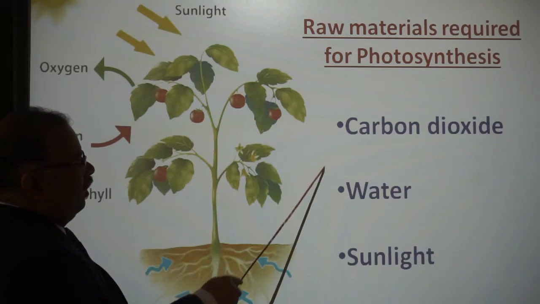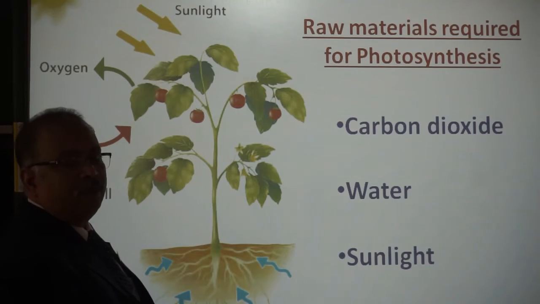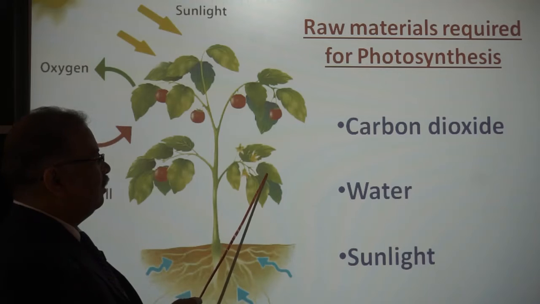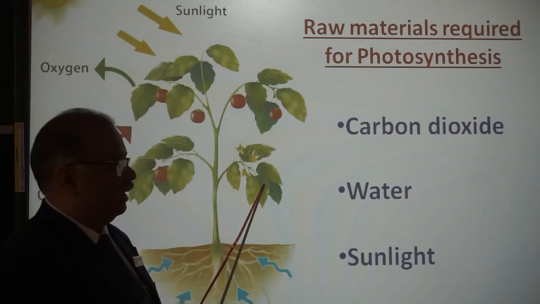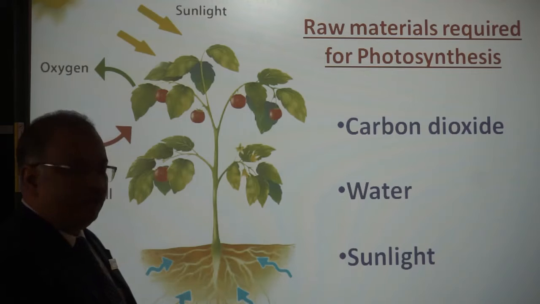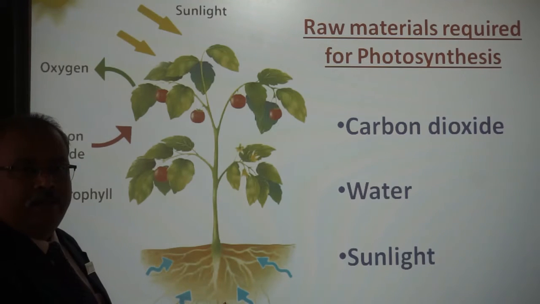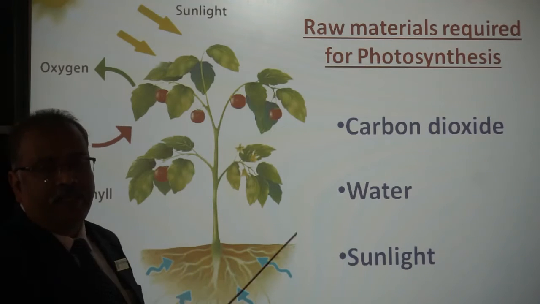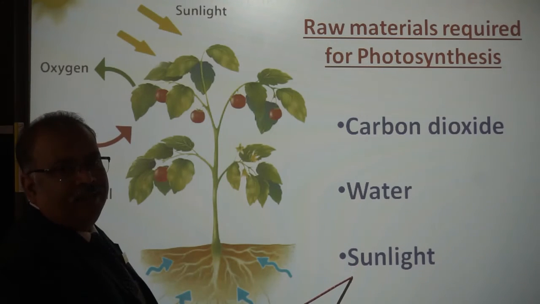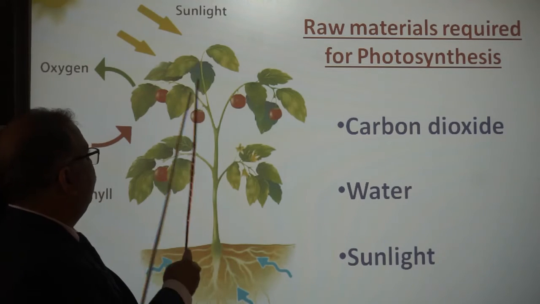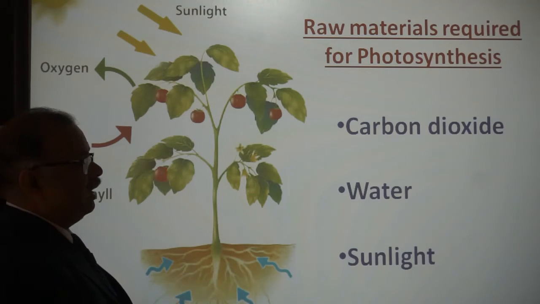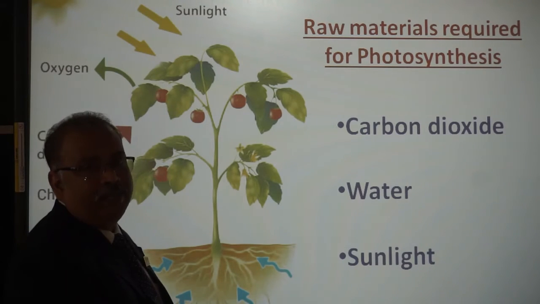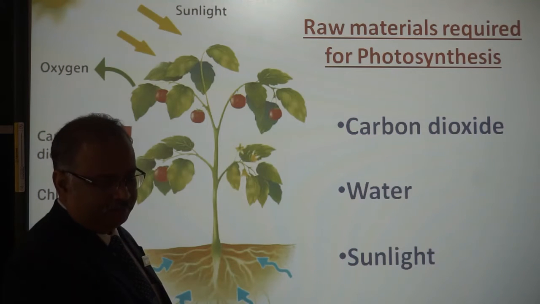So once again, all these four requirements, the raw materials: carbon dioxide is taken from the atmosphere by the leaves through its stomata. Water is absorbed from the soil by the root hairs, and with the help of xylem, it goes to the leaves. Sunlight, they trap the solar energy from the sun by chlorophyll, which is a green pigment, and it is present in the chloroplast of the leaves.